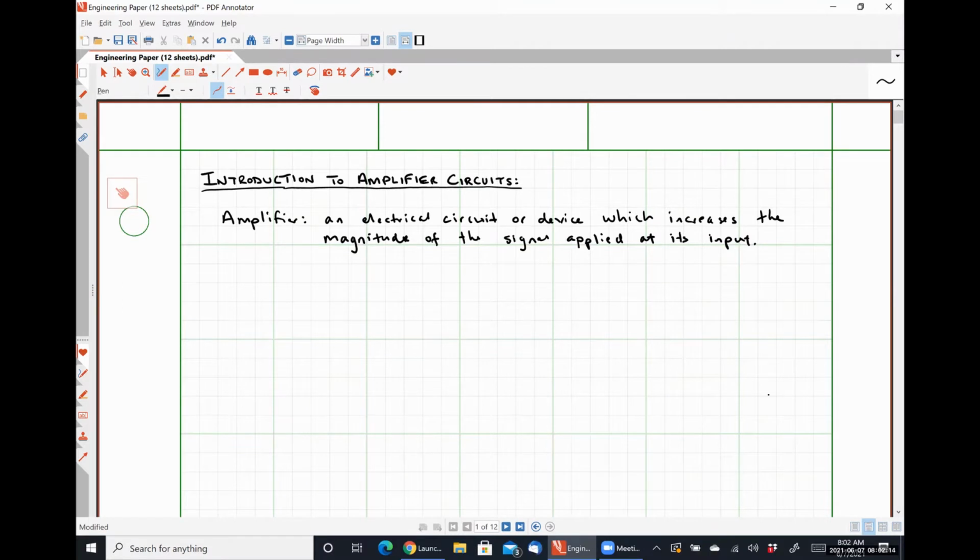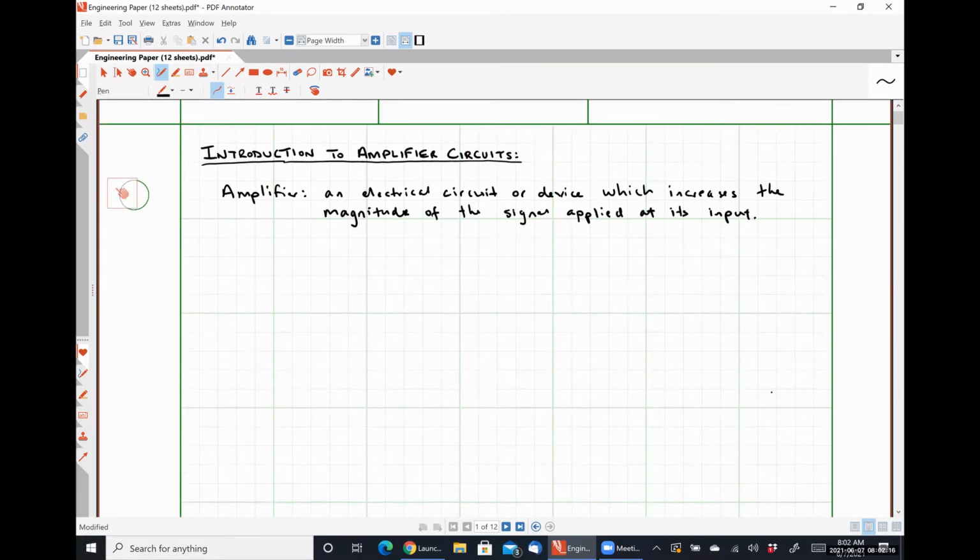So as a black box model, it's going to look something like this. So I'm going to call this guy a black box amplifier.